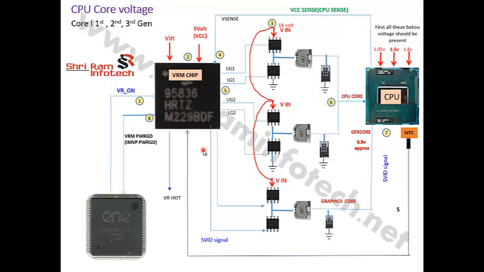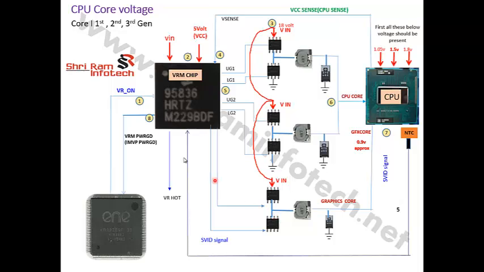The VRM section is responsible for generating the CPU core voltage for the CPU, right? So first the CPU should get all these 3 voltages, like you should get 1.05, 1.5 and 1.8. You can check on these different coils.